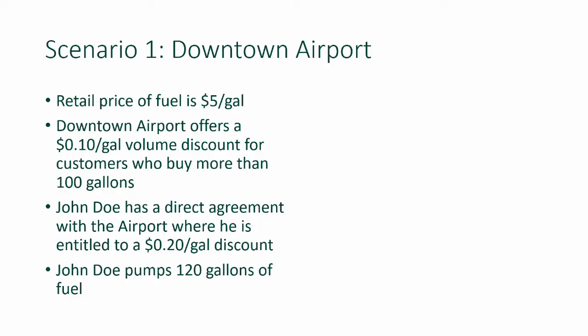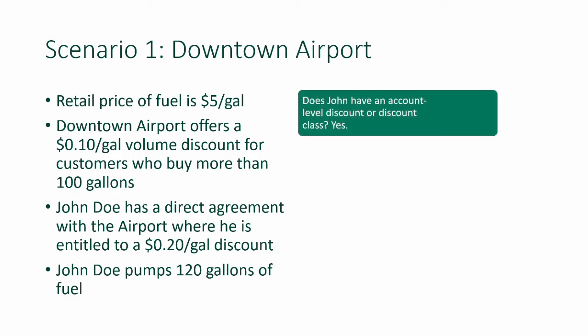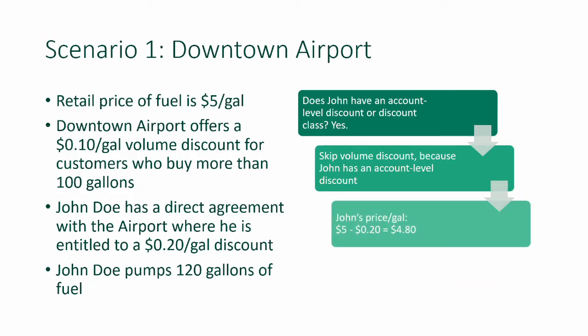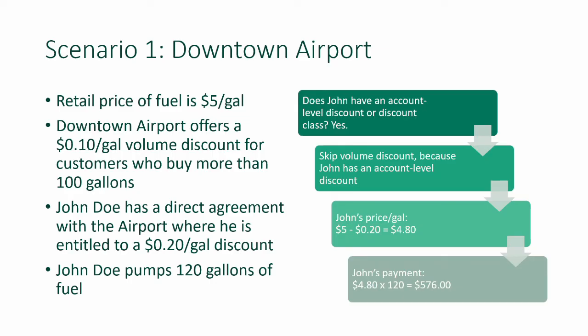John Doe goes to the airport and pumps 120 gallons of fuel. First, we're going to look at whether John has an account level discount or a discount class. In this case, he does. Because he does, we're going to skip the volume discount because John has already gotten one from his account.